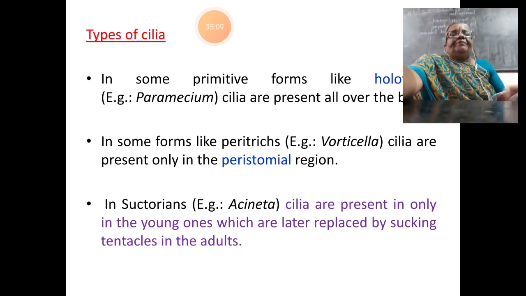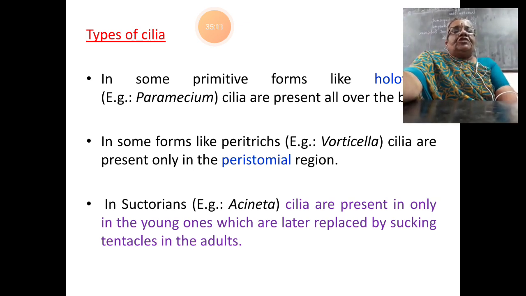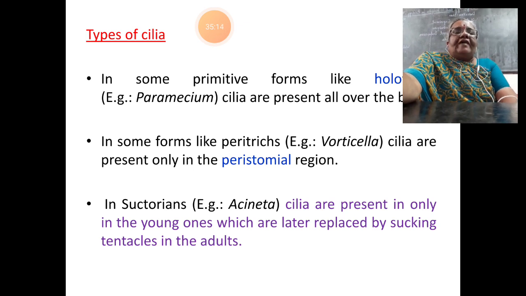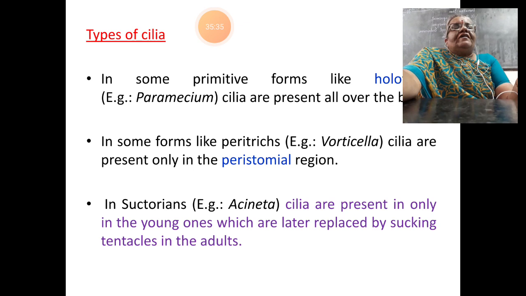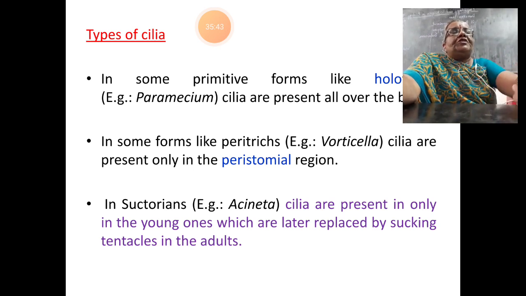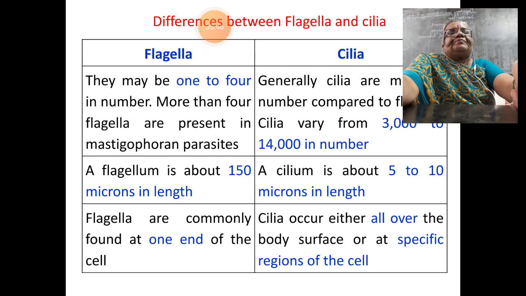But please note, a very tricky situation may also arise wherein in Suctorians, to which the protozoan Acineta belongs, cilia are present only in the young ones, and later they are replaced by sucking tentacles in the adults, according to its mode of nutrition. All right. So these deviations do happen in biology, okay, which you need to know and make a note of.